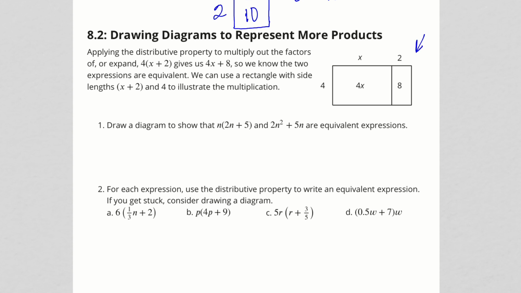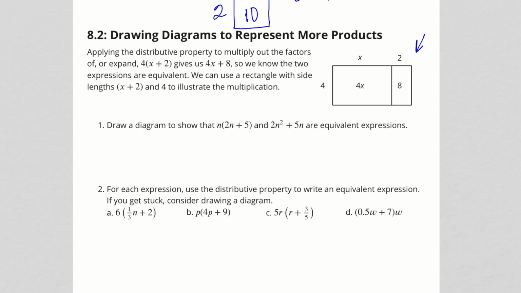So if I have 2 rectangles multiplied together, I get a square. Now we're going to have the blue squares. The yellow part is gone. That's okay, just put it to the side.